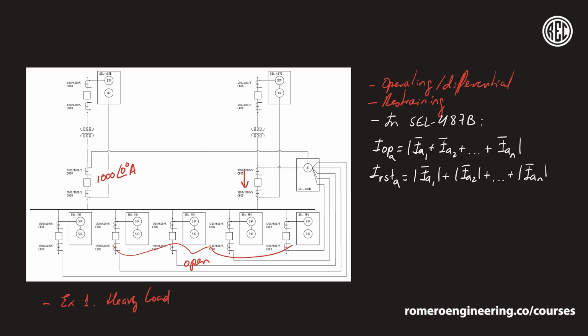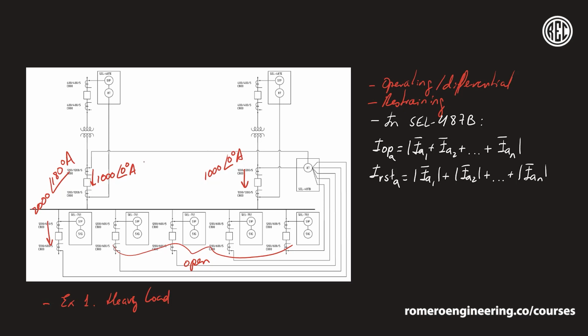Same thing for this breaker over here, 1000 amps at 0 degrees. And again, if this is just load and these other breakers are open, that means that the entire current would flow through this feeder over here. So the current that flows through here would be 2000 amps at 180 degrees, in other words, the addition of the current that flows through the 2 main breakers.